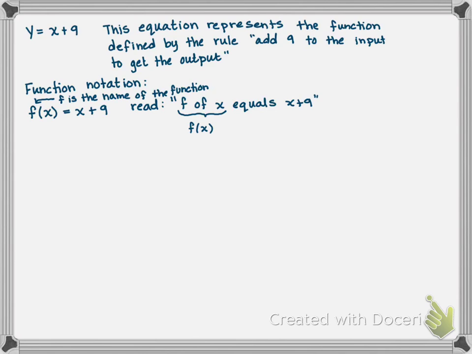We can't do anything mathematically with f itself. It's just like if I plugged Amanda into that equation, it wouldn't make any sense mathematically, right? You can't do mathematical operations with a name. So f looks like a variable because it's a single letter, but really it's just the name of our function, and we can't treat it as a number or do calculations with it.